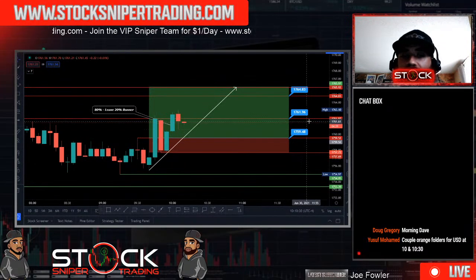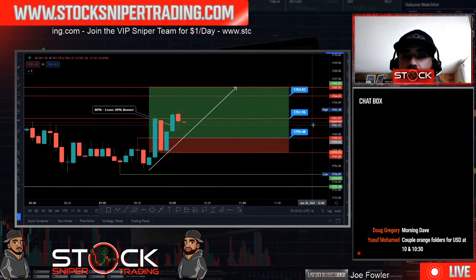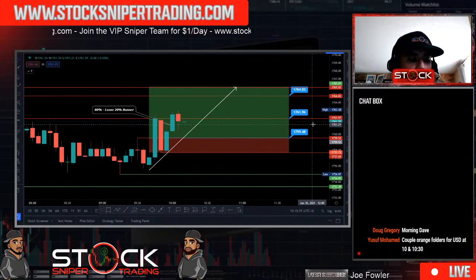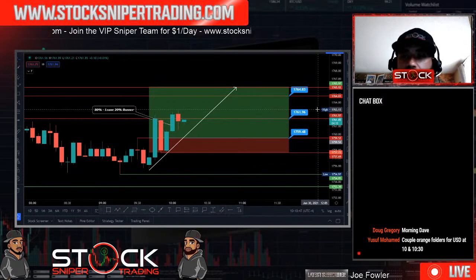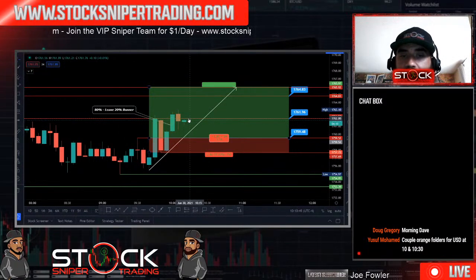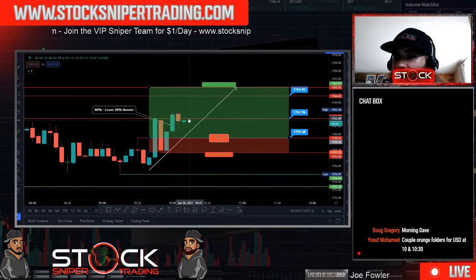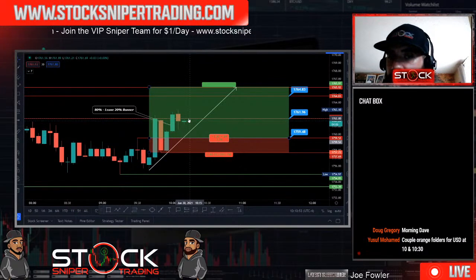Okay, so there's 4 minutes left. The new candle pretty much just opened. All right, finding some support right around 1761. Now attempting 1762 area, the same area that has been a pretty much a hold up.